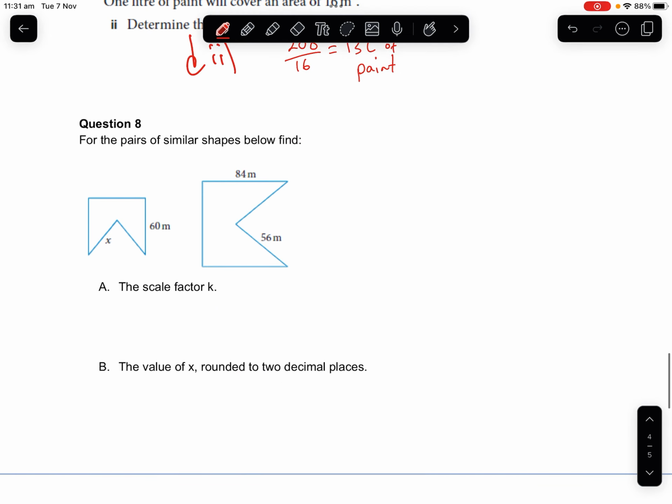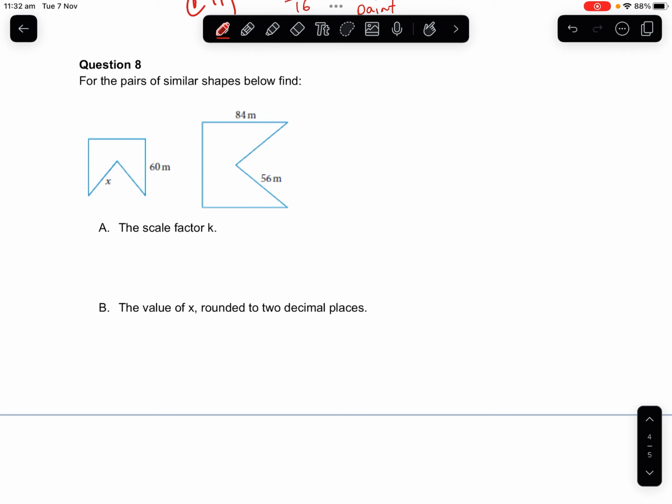Okay, last question, question 8. For the pairs of similar shapes below, find the scale factor K. So the scale factor K, there's a formula for it on 9.6 if you need it. K is equal to, we need to find two sides that are given to us, and basically they share those two sides.